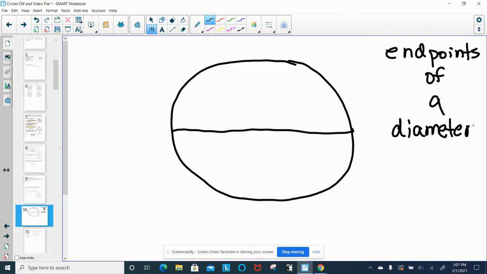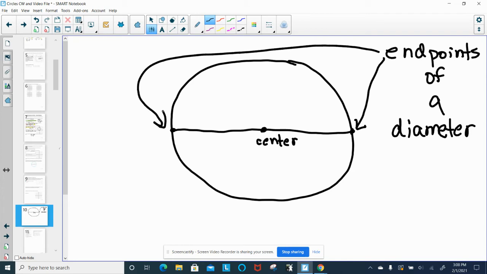And if you remember, that diameter goes exactly through the center of a circle, right? So we can use these endpoints. Like here's one endpoint, and then over here is the other endpoint. We can use those endpoints to help us find the center.